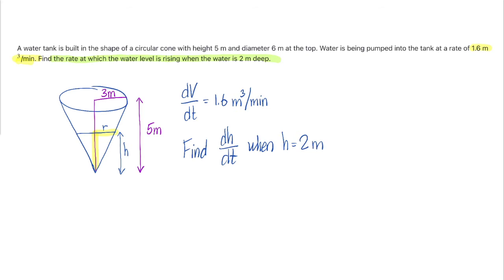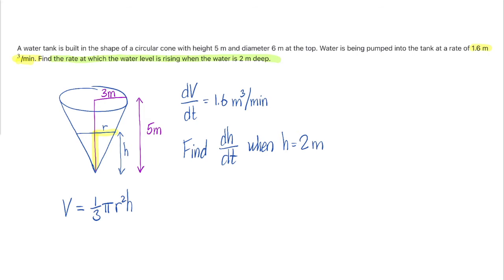Okay, so let's write down the equation for the volume of a cone. So volume and height are related with the following formula. V equals 1/3 times pi times radius squared times the height.